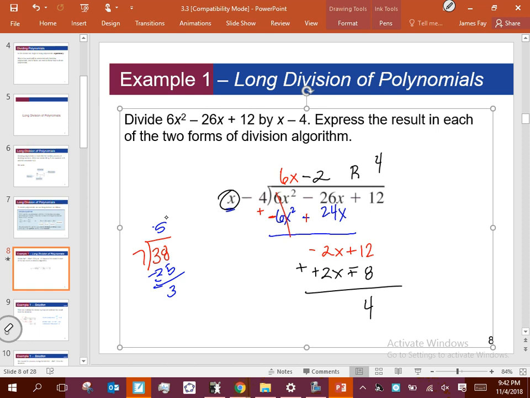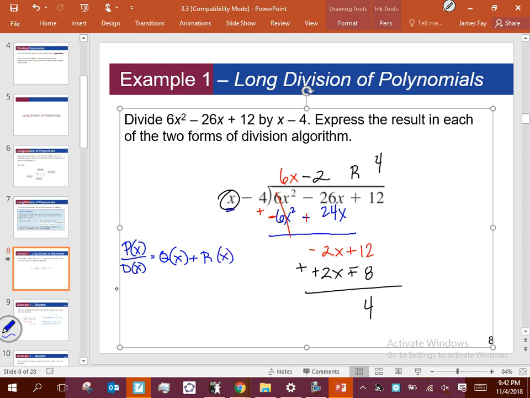So when they ask for the two different methods of writing our solution, the one is when I take p of x divided by d of x, and that should give me my quotient q of x plus my remainder over d of x.